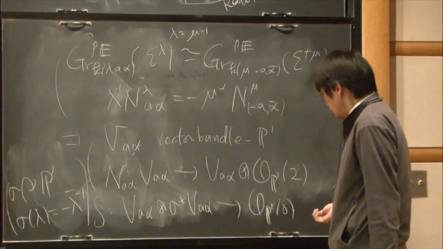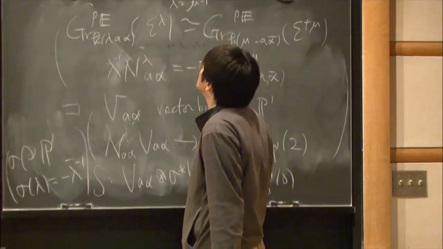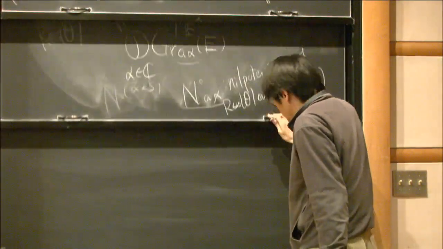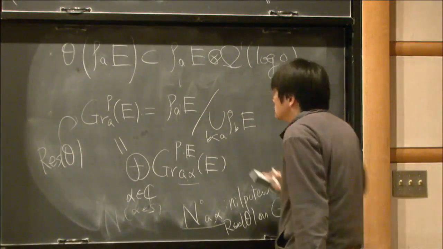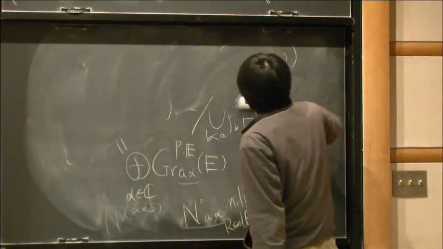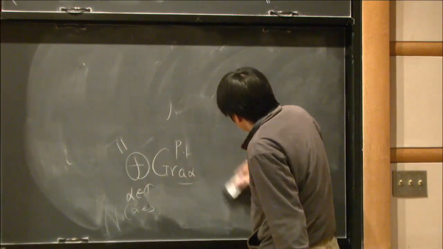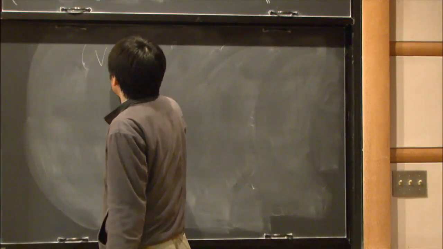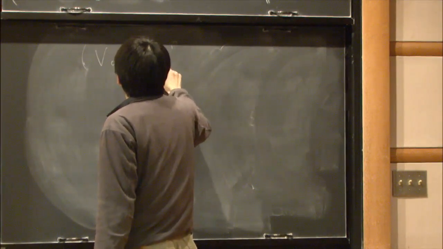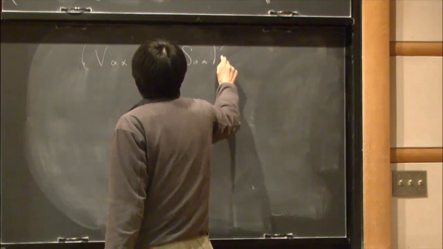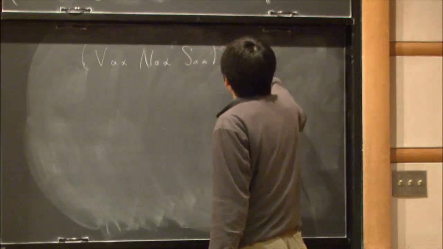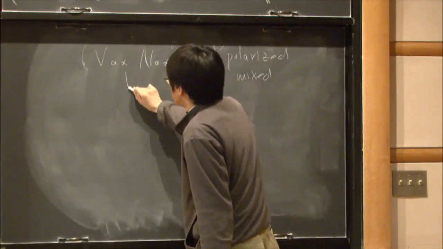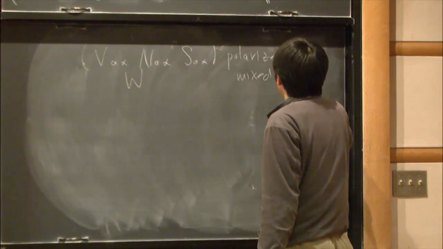And we can show this data gives a polarized mixed twistor structure with weight filtration.